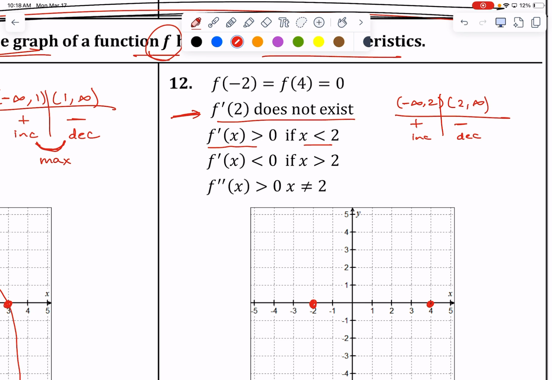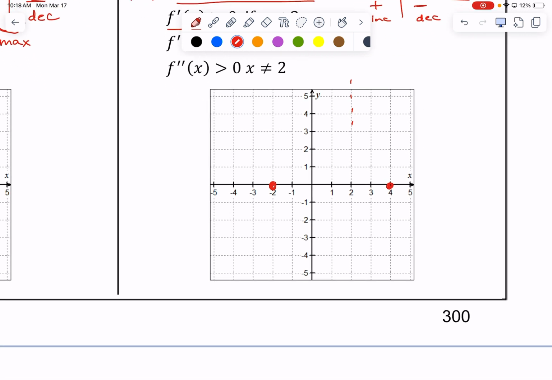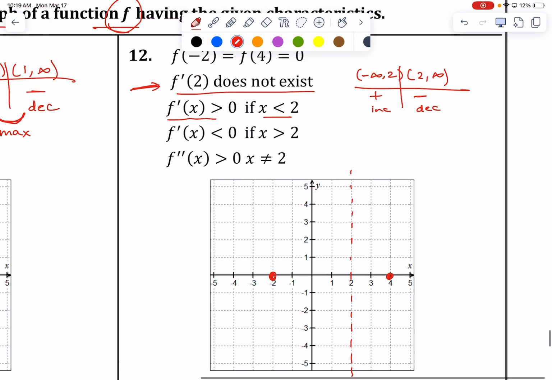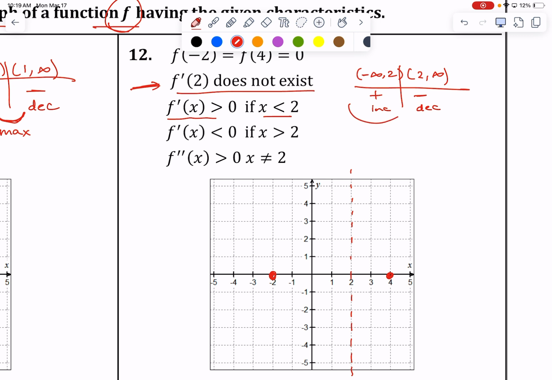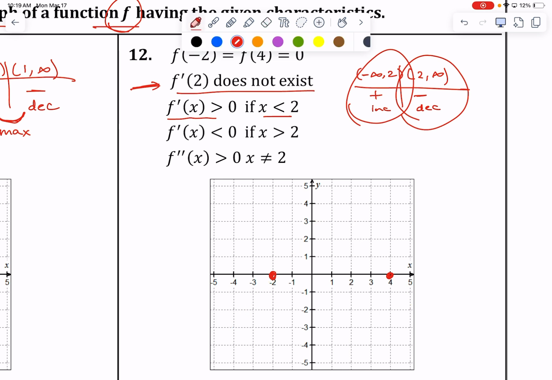So at 2, I'm just going to imagine here. I don't know what to imagine yet, but I'm going to draw a vertical line in. That is not a vertical asymptote. I just want you to know, before 2, it's what? It's increasing. After 2, it's what? All right, so I know I've got to be going up and then what? Down. All right, so let's just keep that in mind.